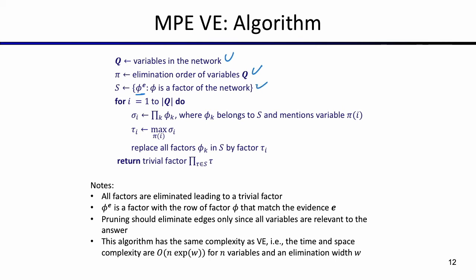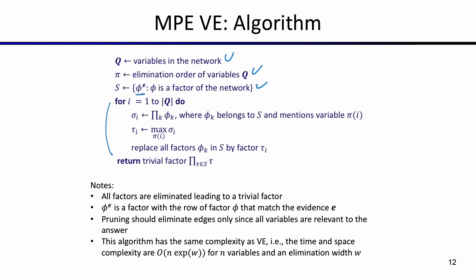All right, so what we do is basically variable elimination. We'll go through this loop here. We're going to operate on all variables in Q. Remember that for MPE, the Q variables are all the variables we have but the variables in the evidence, right? So you're going to do a process of elimination for all those variables.